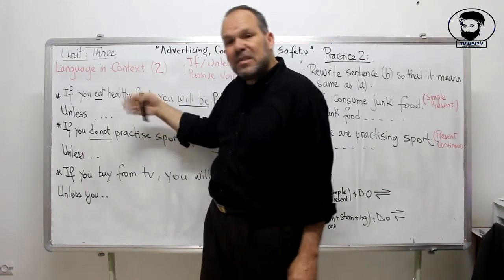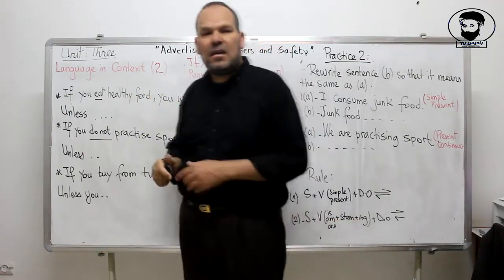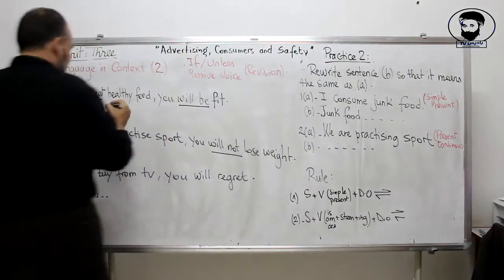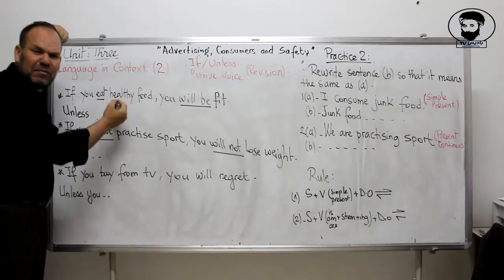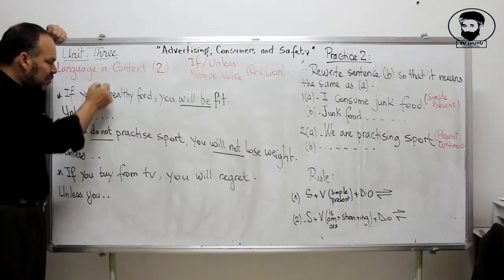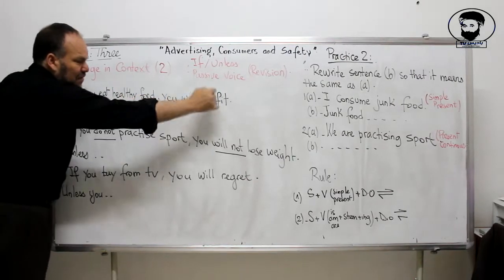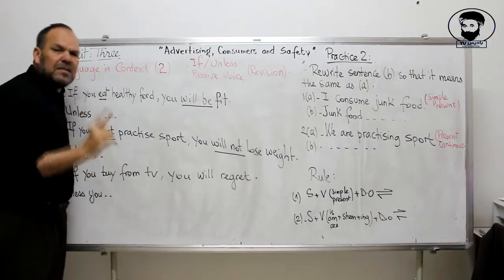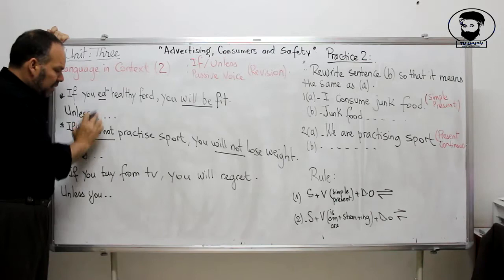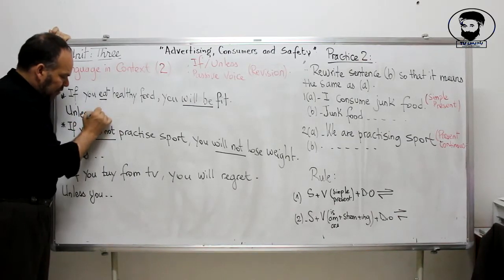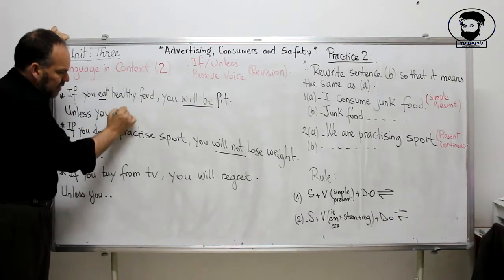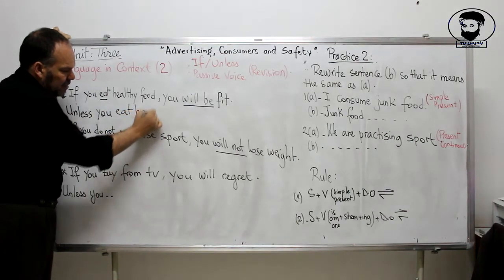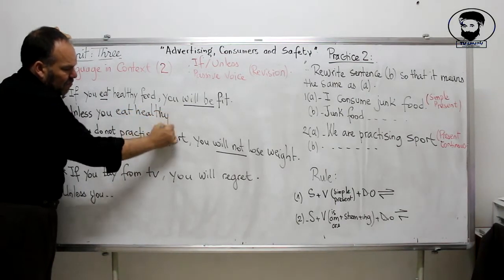But let's see how we are going to express it in English. Unless has the same form as if. It means you must respect the form of the verb. But with unless there is a rule. Let's start with the form. Unless you eat healthy food.